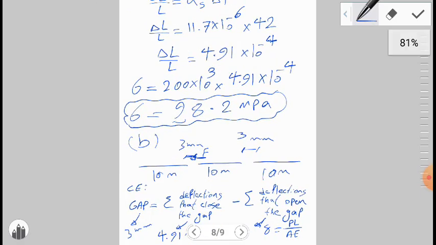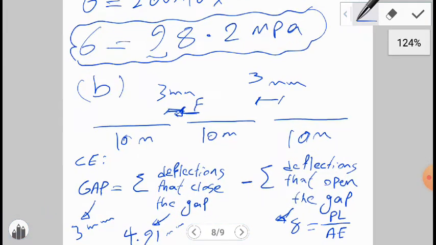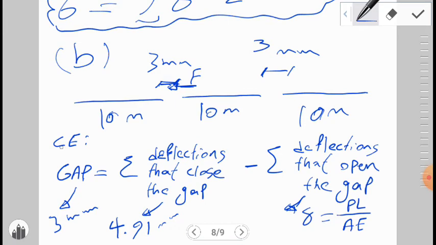Part B, we have different tracks with 10 meters length and 3 millimeter gaps. In this case, we developed a compatibility equation: CE, gap is equal to deflections that close the gap minus deflections that open the gap. Deflections that close the gap are in fact thermal deflections.